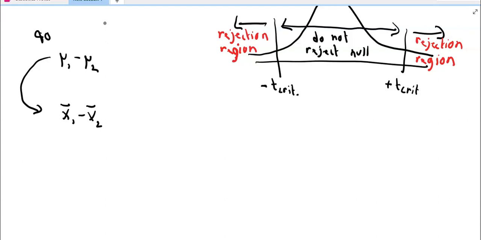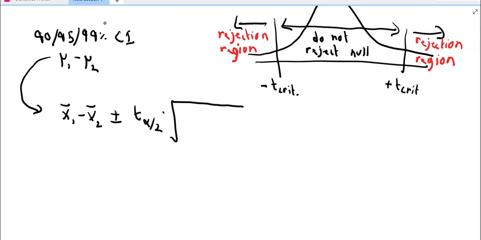We would write it as x1 bar minus x2 bar, that's the difference, plus or minus the t value times the square root of sp squared times 1 over n1 plus 1 over n2. These are all the formulas we need, so let us try to implement that in Excel.